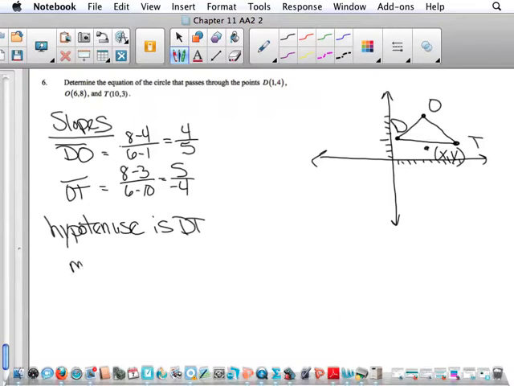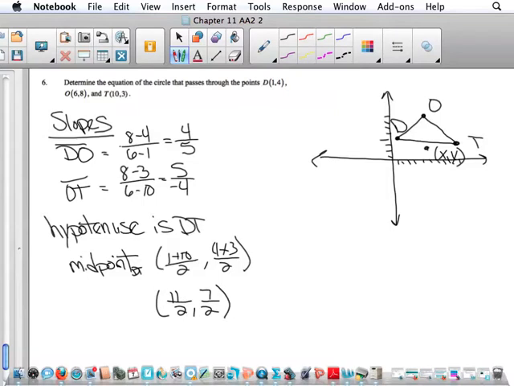So the midpoint of DT is, let's see, (1 + 10)/2 and (4 + 3)/2, which gives me a midpoint at (11/2, 7/2). Then I need to find the radius because I'm writing the equation of the circle.